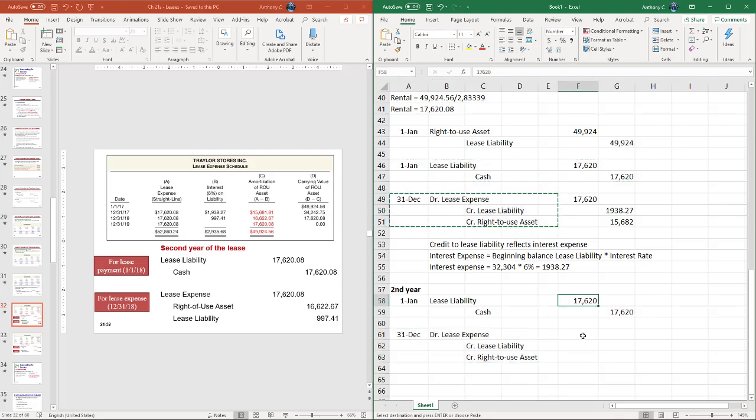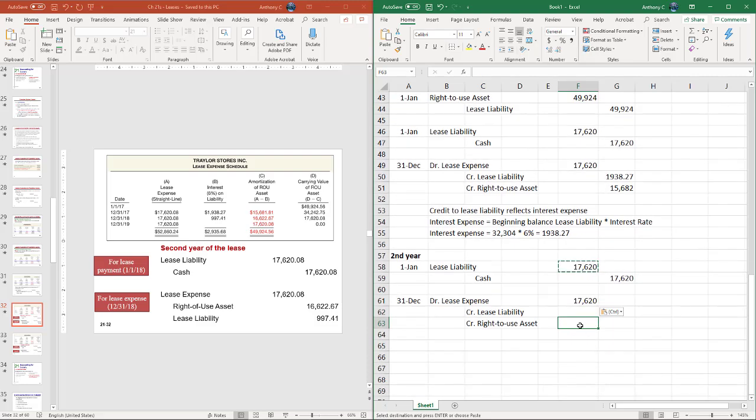The lease expense is equal to the annual rental payments again. And then to figure out the lease liability, follow a similar process as before. We'll take the beginning balance in the lease liability account and multiply by the interest rate. And then the right to use asset, again, will be the difference between the lease expense and the lease liability.